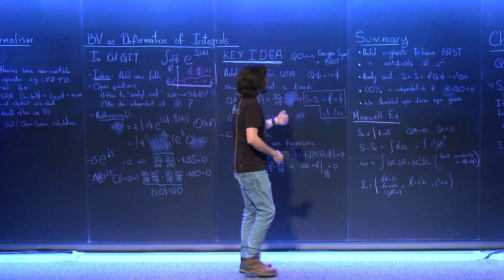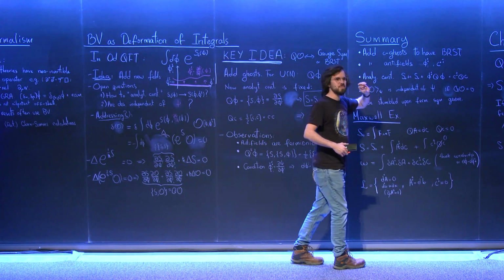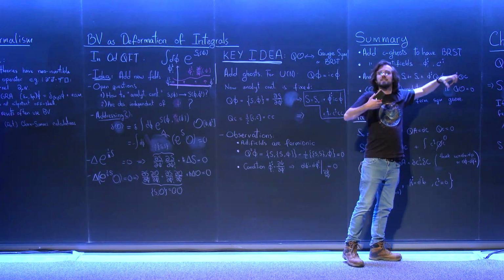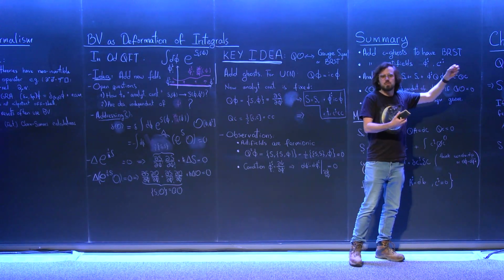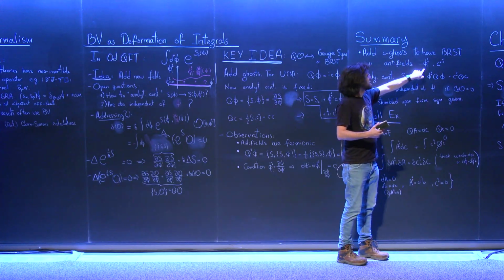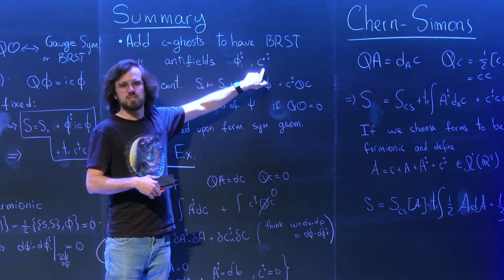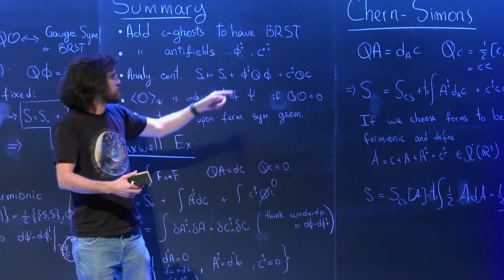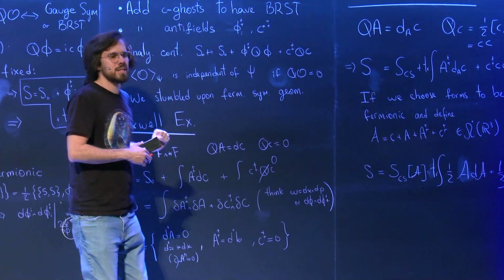So again, in summary, what do we do in order to do BV? First, we must add C-ghosts so that we have a BRST transformation associated to the gauge symmetries of the problem. Then add antifields for both the fields and the ghosts for the BRST transformations. Sometimes these antifields will be labeled by some sort of Lie algebra index in the same way that the ghosts for the BRST are.